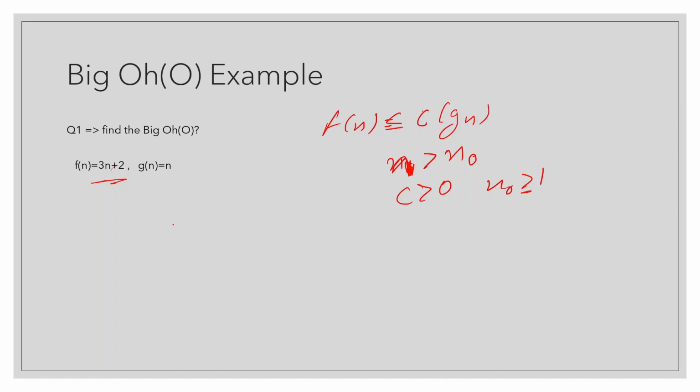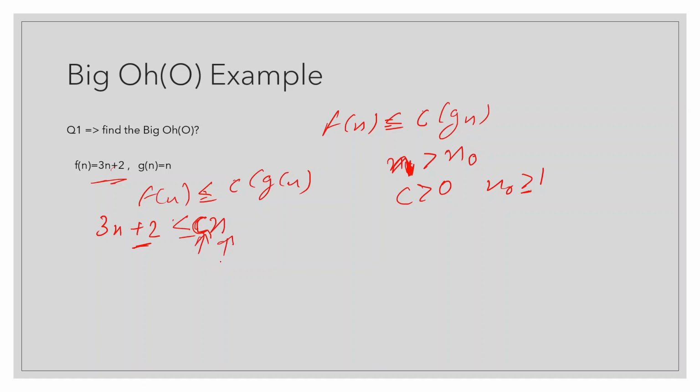So let's see what we do here. First we see for which n our condition is satisfied. We put f(n) less than or equal to c times n. So here, this is the f(n) condition, this is the g(n) condition, and this is c.